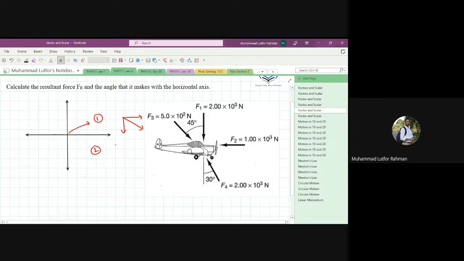Okay. But if it is in the first quadrant, it might cause a problem if your runway does not provide that amount of force in the opposite direction.